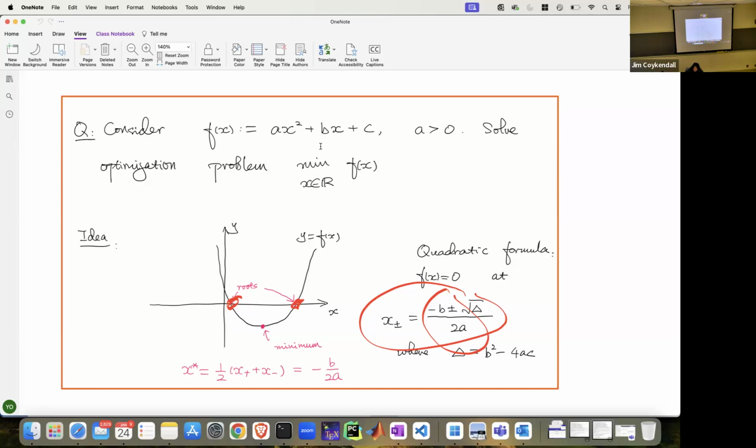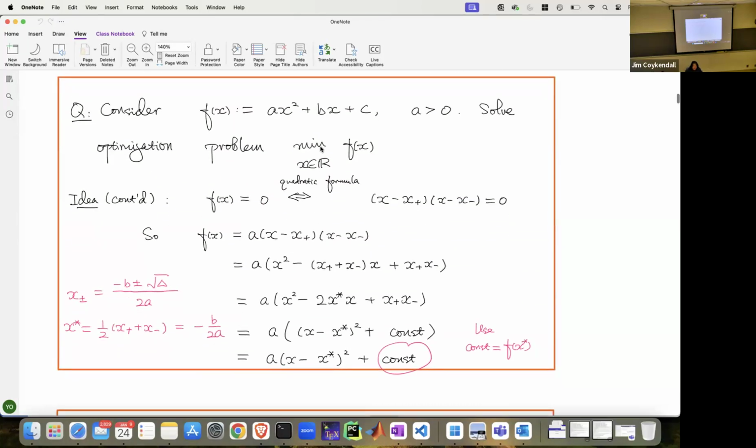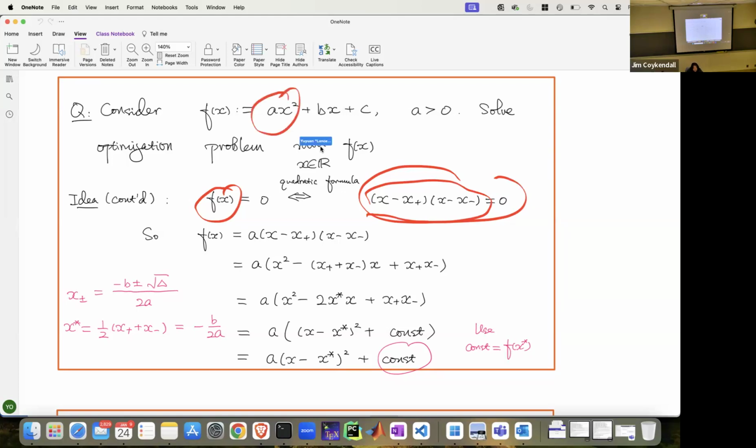As soon as I realize this, I can continue my idea and actually try to solve this in precalculus class. The reason is that whenever you know that you have two roots, you should be able to factor the function based on the roots. And because I have a in front of x squared, your function should look like a times x minus the first root times x minus the second root. Pretty straightforward. Now I'm going to multiply everything.